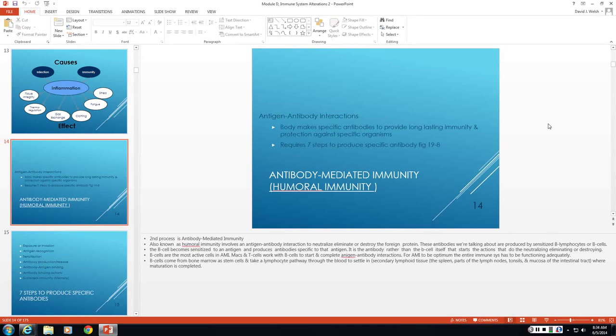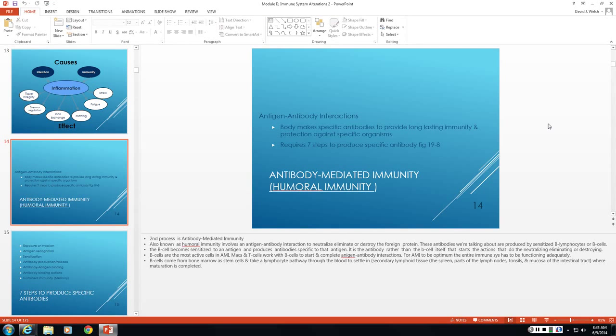Now, B cells are the most active cells in the antibody-mediated immunity. Now, macrophages and T cells also work with the B cells to start a complete antigen-antibody interaction. Now, for the AMI to be optimum, the entire immune system has to be functioning adequately.